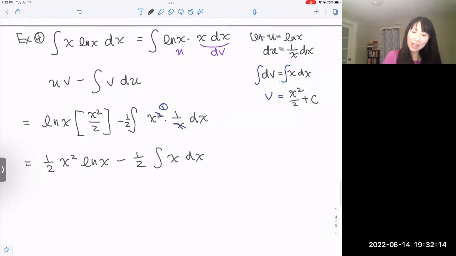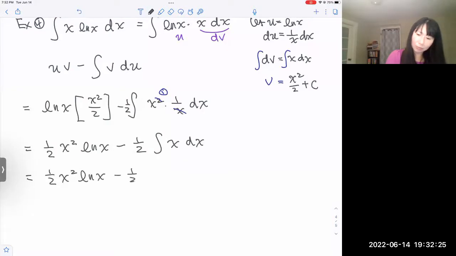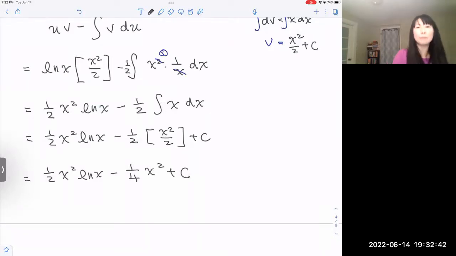The integral of x is x squared over 2, plus c, and this will be 1/4 x squared plus c, right?